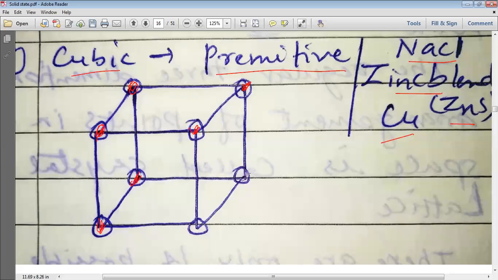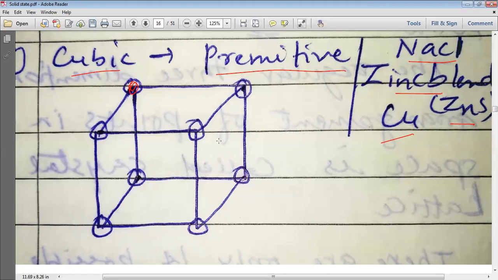This type of cubic cell is known as the primitive unit cell, and the particles are present only at the 8 corners.